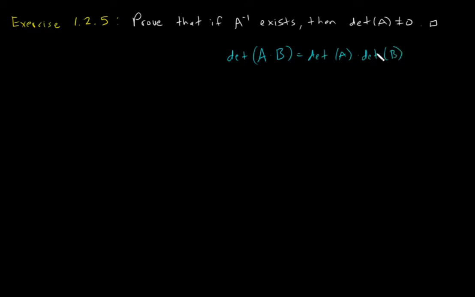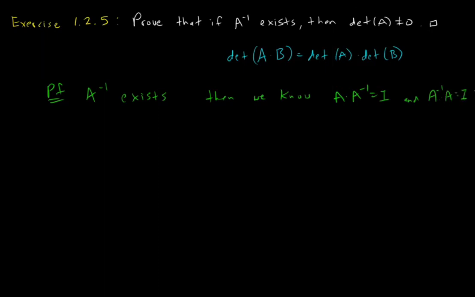All right, so we're going to start the proof. We're going to assume that A inverse exists. So proof: A inverse exists. If A inverse exists, then we know that A times A inverse is equal to the identity, and similarly, A inverse times A is equal to the identity.